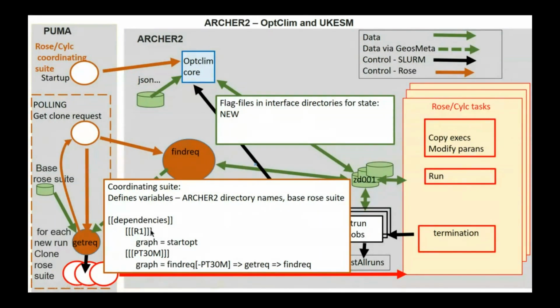So R1 says when you first run the suite, just do this once, and it runs OPTCLIM up here in order to initiate the first set of models. And then it polls, to send requests for any new models that are needed, and then to get the requests, and then loops around this loop. So that's the way that gets expressed in Rose.